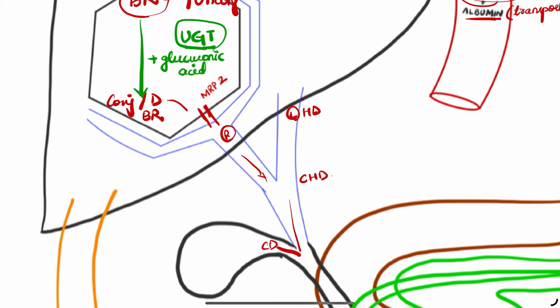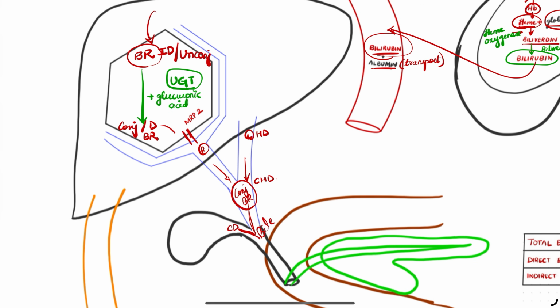Via the common hepatic duct, what is coming is the conjugated bilirubin. So, conjugated bilirubin is ultimately secreted into the bile. Finally, the common hepatic duct and cystic duct merge and form the common bile duct, which opens into the intestine, that is the duodenum, where even the pancreatic duct merges.